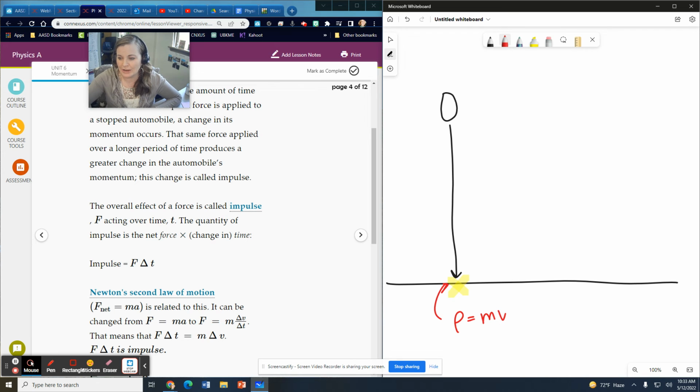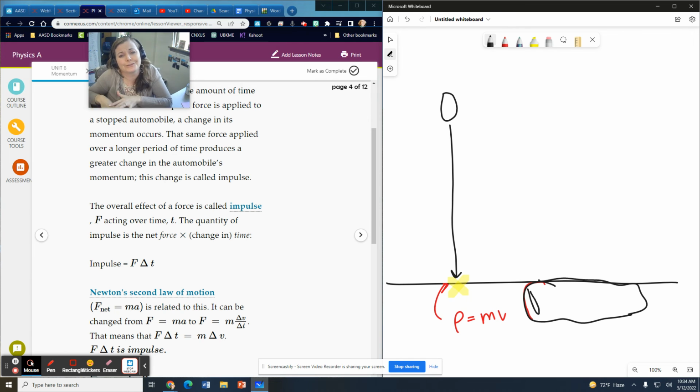If instead of dropping it onto a floor, I have created a nice soft pile of pillows and stuff here. My pillow. It's the same height though. So I'm not talking about that it's six inches higher or whatever.